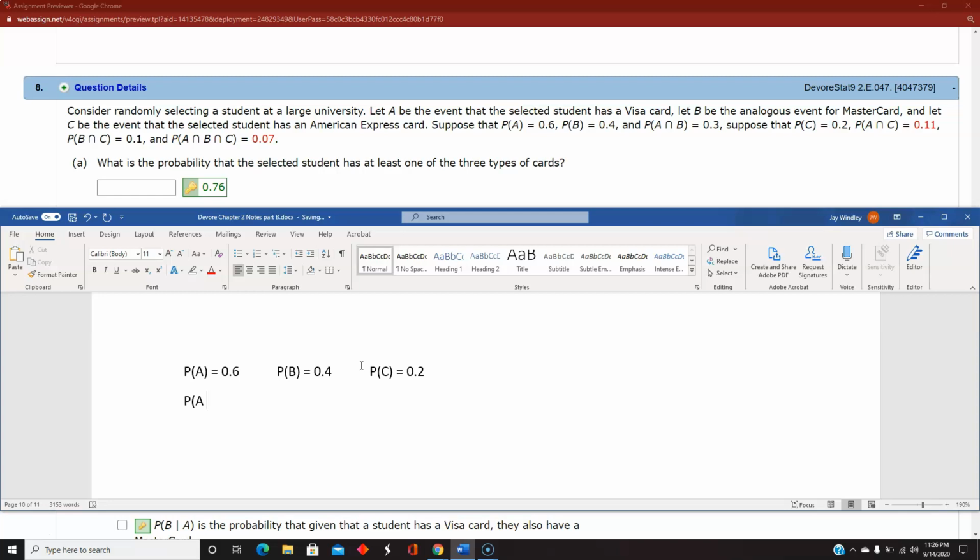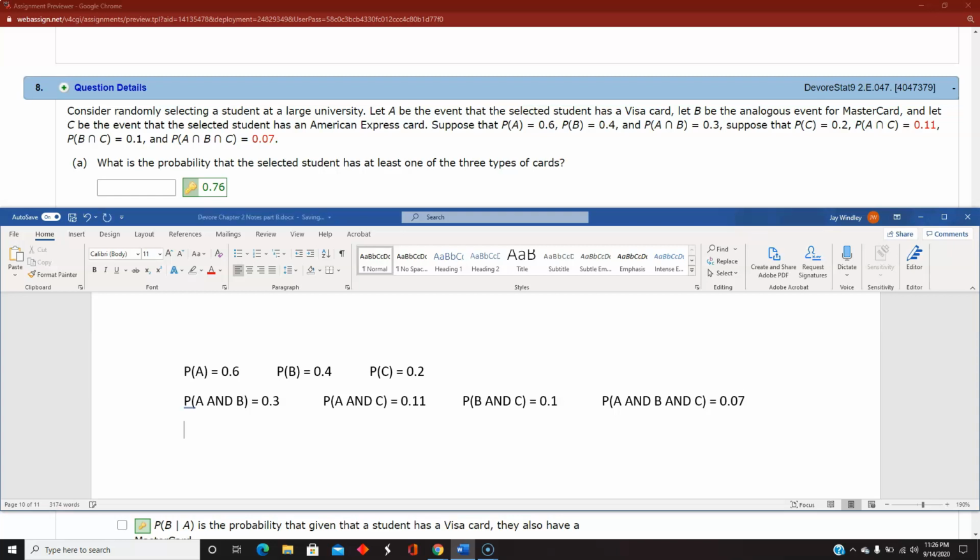They say A and B is 0.3. They say A and C is 0.11. They say B and C is 0.1, and they say A and B and C is 0.07.